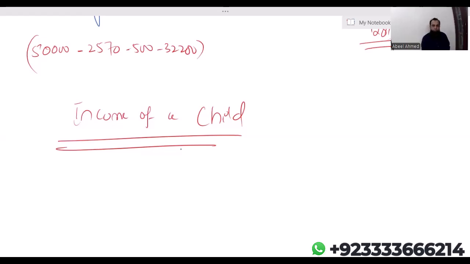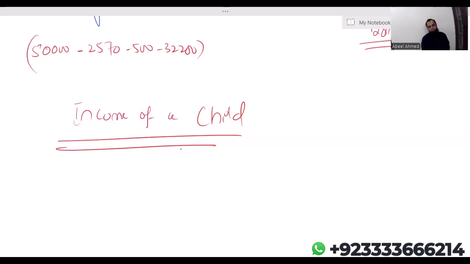Now, the rule is, what is that? If the income of a child is a result of a gift which the child has received from his or her parents, and that income is 100 pounds or less, then it's okay, the child's income is exempt, no need to do anything.